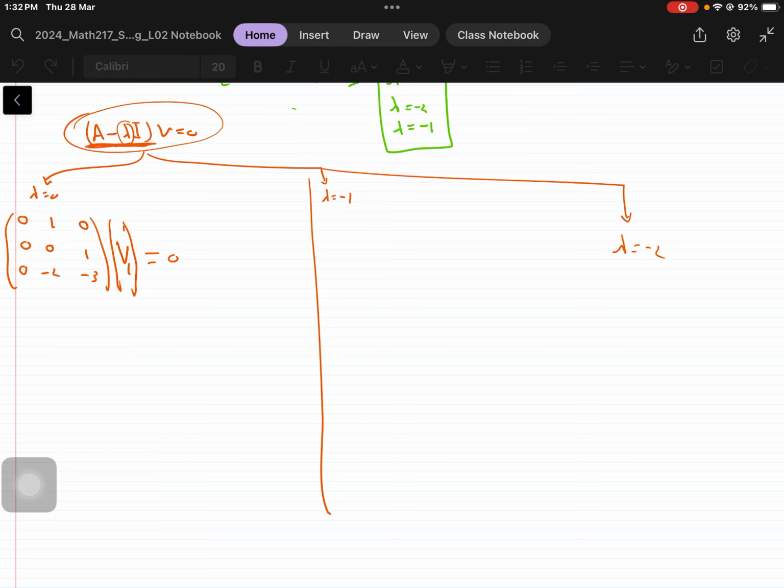We need to solve to find the V1. The V1 we have to make it mu1, mu2, mu3.